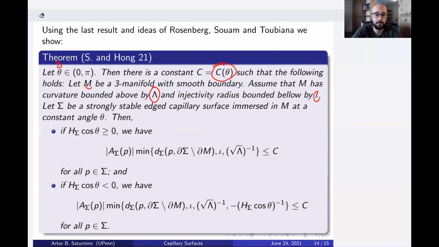Here, curvature bounded above by lambda means sectional curvature bounded above by lambda, and also means bounds on the second fundamental form of the boundary of M. And injectivity radius bounded below by iota has some meaning which I will just refer to the paper for. Notice that here we don't really assume that M is compact, but we assume that it has finite geometry in this certain sense.